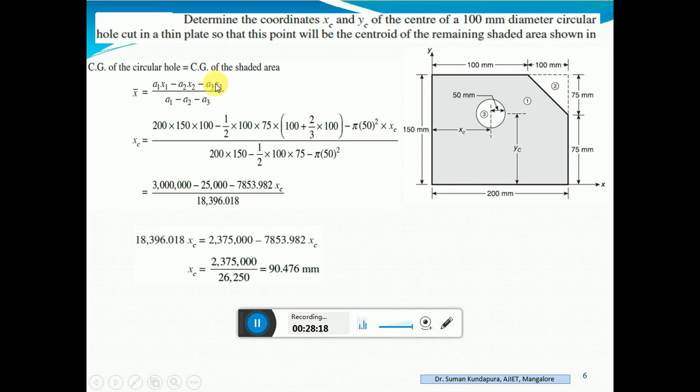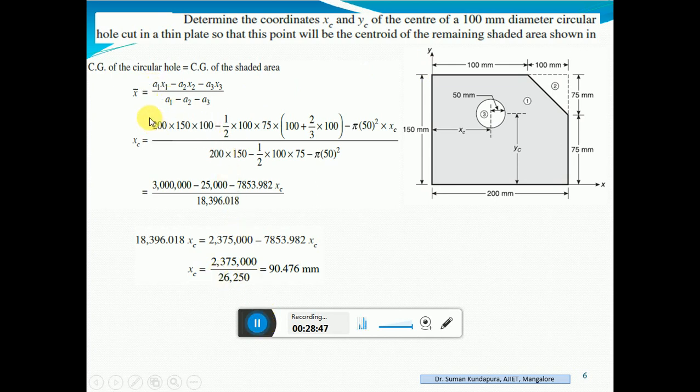We know our formula, that is x bar is equal to summation of moments of all the pieces divided by the total area. Now here I will be considering the first, A1 x1, with respect to the rectangle, which is 200 into 150 into the x distance.